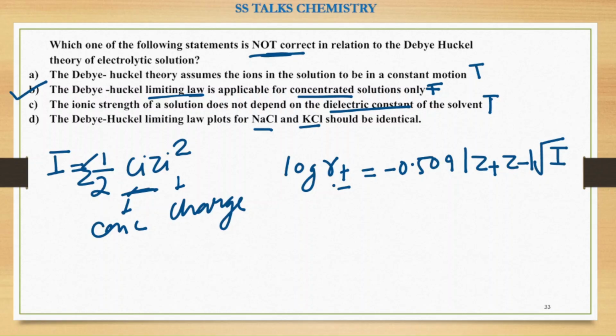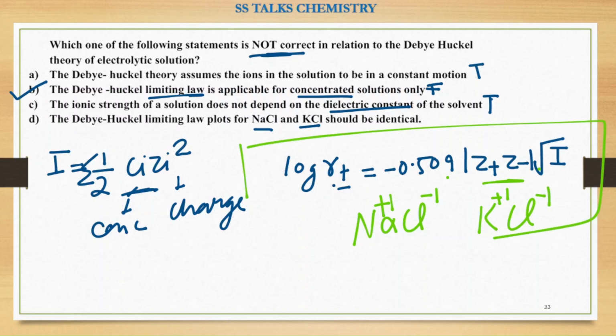Here just the charges are involved, and for sodium chloride and KCl both carry one unit charge only. So you are going to observe the same plot for them, because the nature of these ions is not involved in this expression. So this statement is also true over here. So B is the correct answer, that is the incorrect statement in this case.